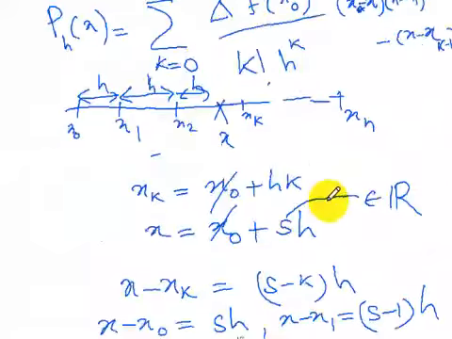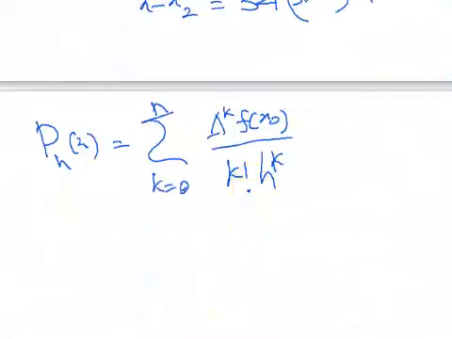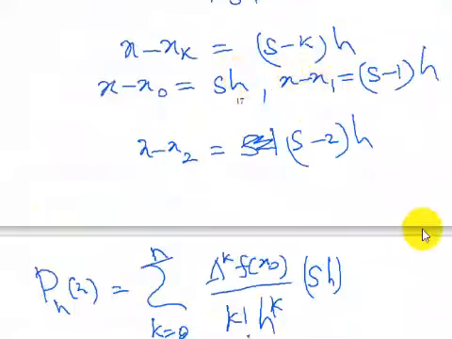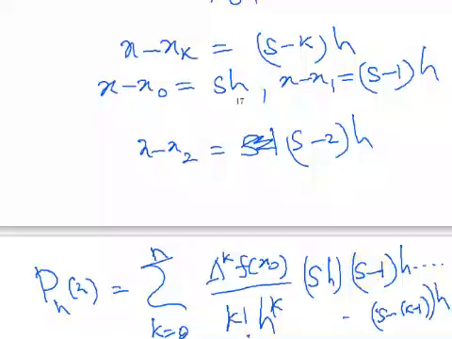x minus x naught would be sh, and x minus x1 would be s minus 1 times h, and so on, and the last one s minus k minus 1 times h. So here how many h's? k number of h's, right?